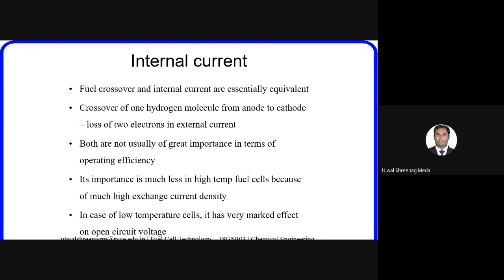So it starts at around 1 and gradually goes down to 0.6 volts with increase in the current that is being drawn out of the fuel cell. If you take the zero current density, where the initial value is 1, compared with the no loss voltage of 1.2, even though there is no current being drawn out of the fuel cell, the voltage is less.